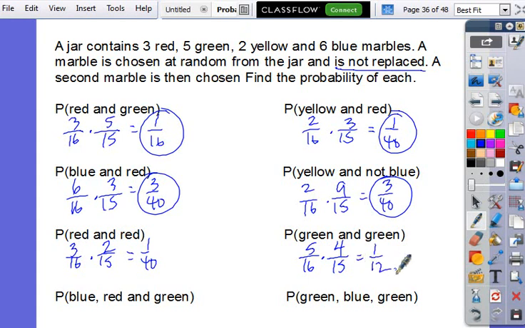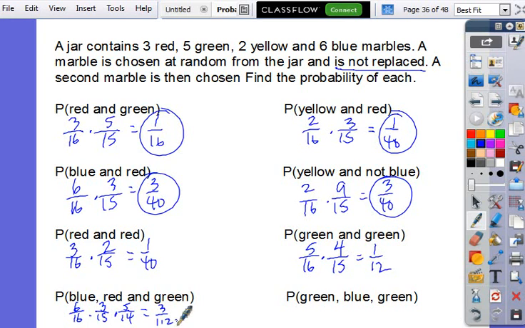Go to the bottom ones, blue, red, and green. I know it's gonna be 16, and then 15, and then 14. So blue would be 6, red is 3, and green is 5. Multiplying those out, I wind up with 3 over 112.